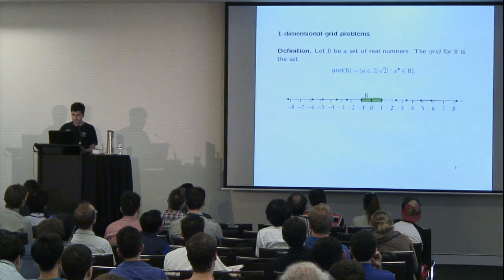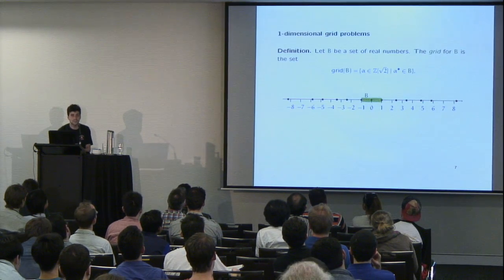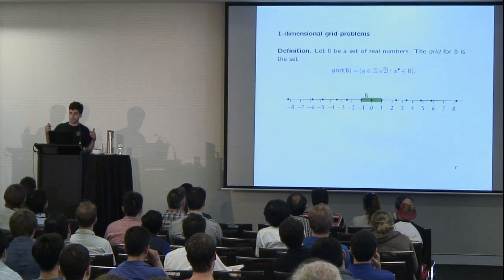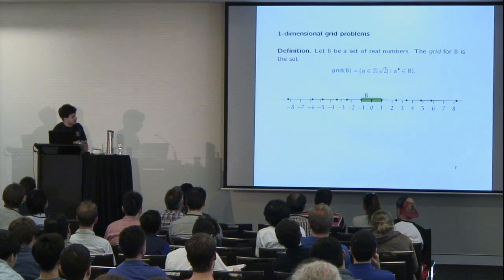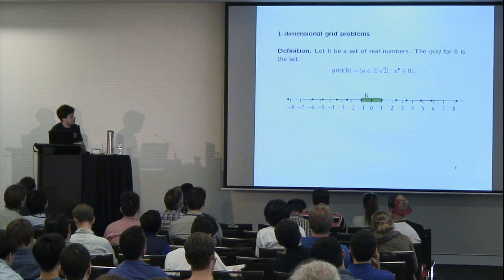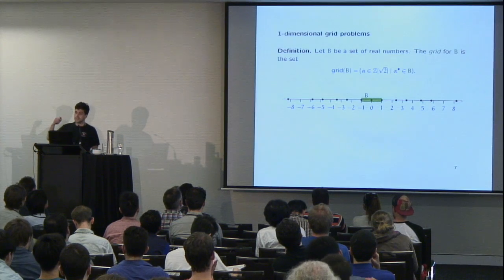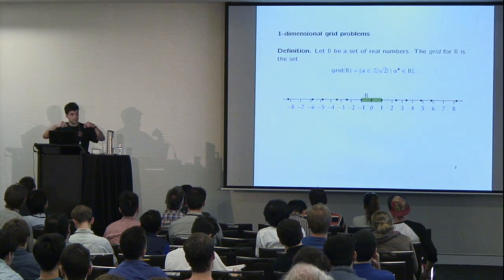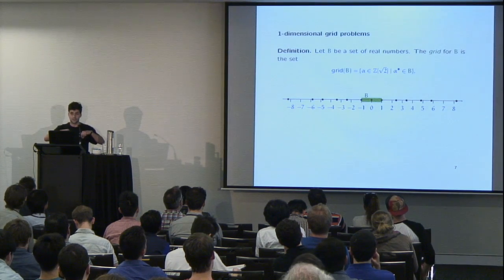Now, this has the following consequence. Say you consider an interval on the real line. In this case, we're considering the interval from -1 to 1, pictured in green here. Now, consider all the elements of Z root 2 that have their bullet inside that interval.